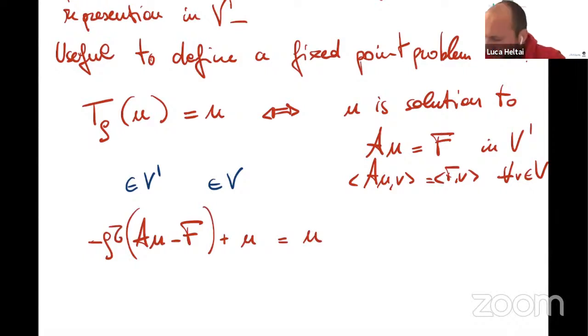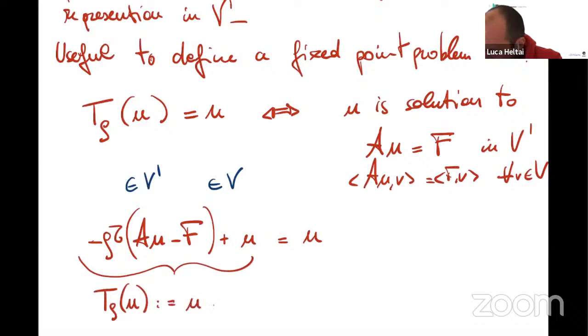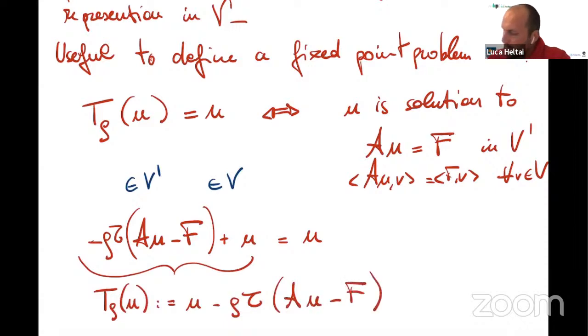Now this can be written as T rho of u, which is u minus rho tau (Au minus f).